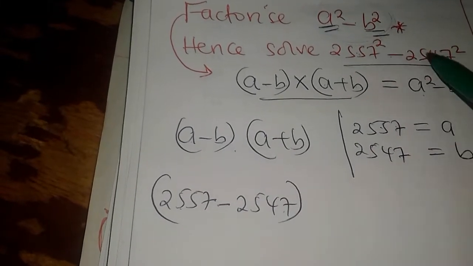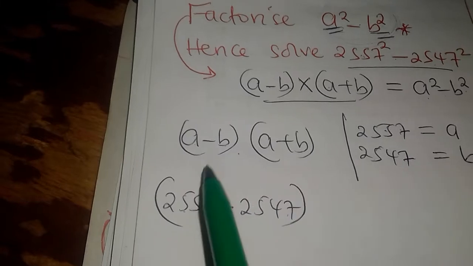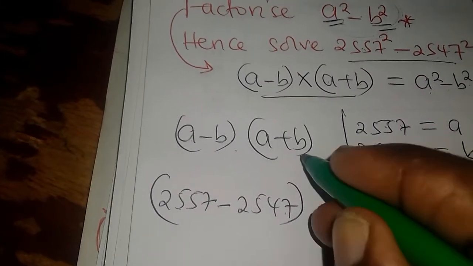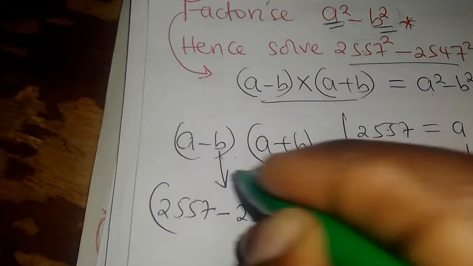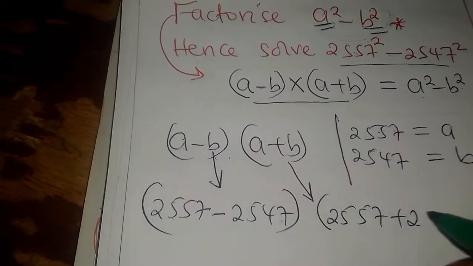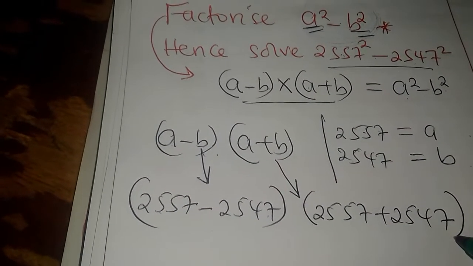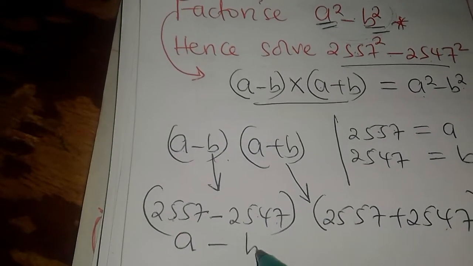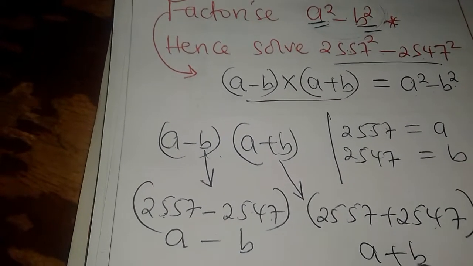So if I want to work this out, I can say a minus b, 2557 minus 2547. Then I'll write this one down. So I'm going to have again 2557 plus 2547. Good. A minus b, a plus b.